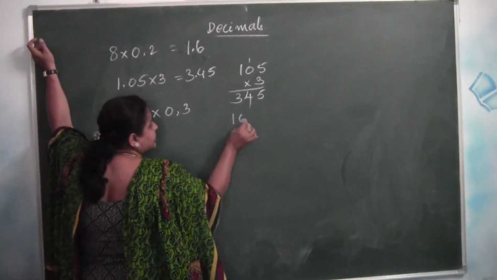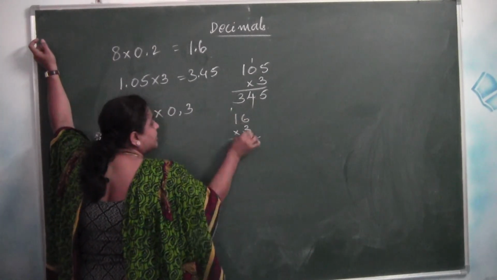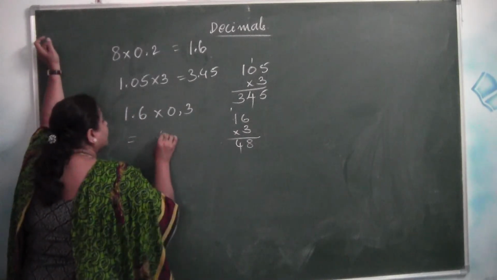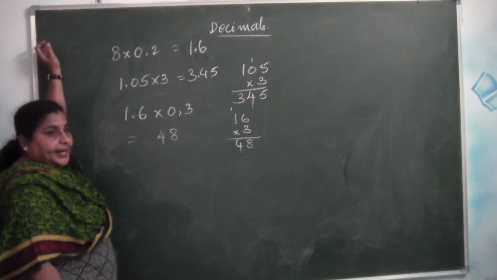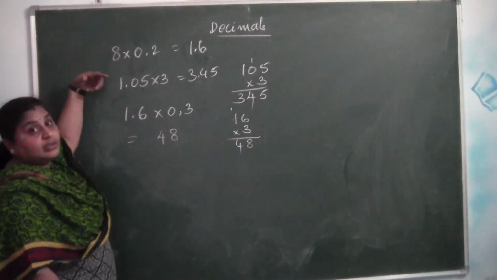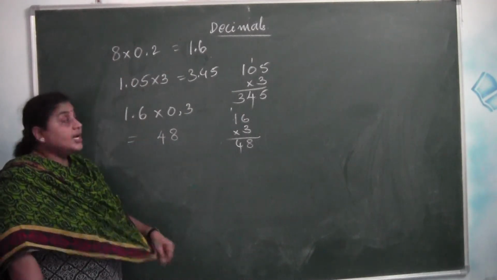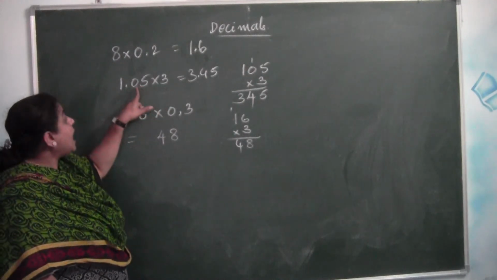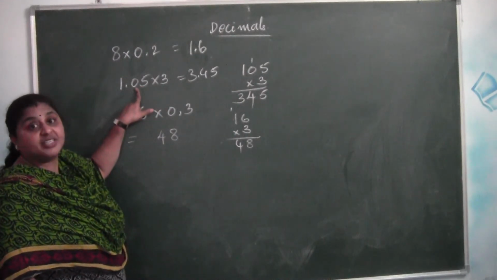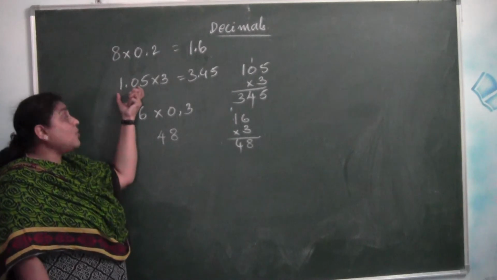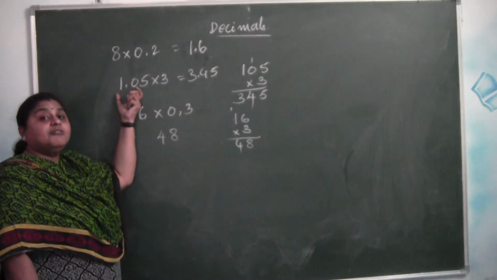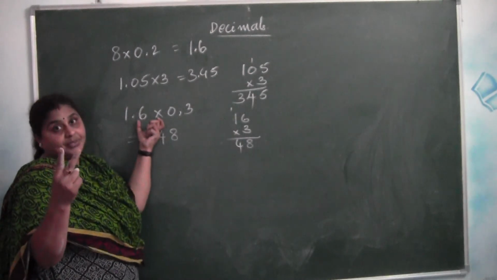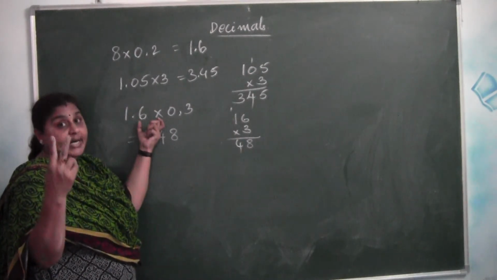16 times 3: 3 6s are 18. 3 1s are 3 plus 1, 4. What is the answer I got? 48. In the previous question, when we were multiplying a decimal with a number, we counted how many digits we had after the decimal. Here we have two decimal numbers.